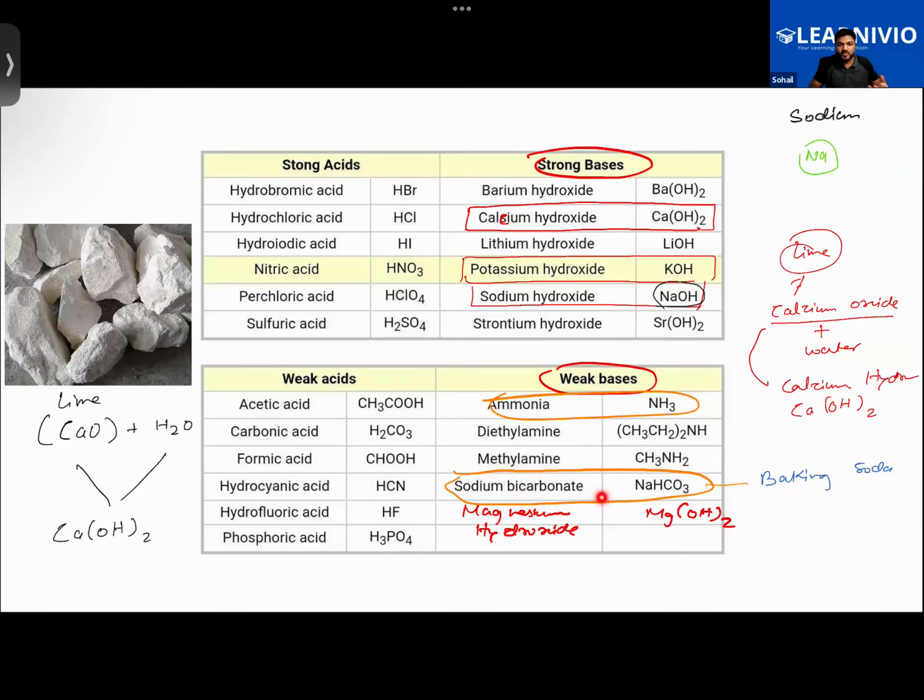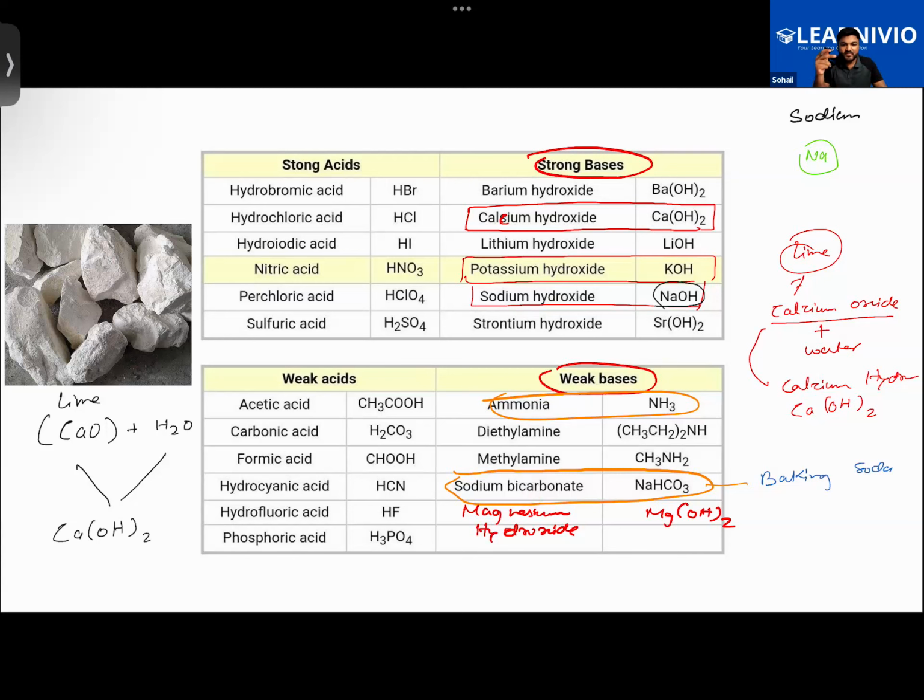Baking soda is the common name, but the chemical name is sodium bicarbonate. The formula is not that important, so as of now you can leave the formula. Then there's one more example of a weak base, that is magnesium hydroxide.